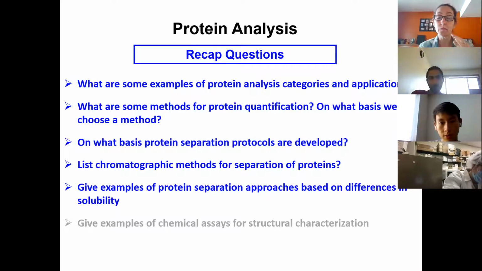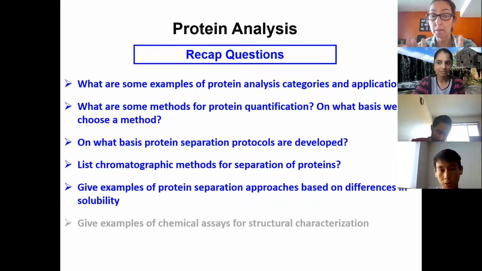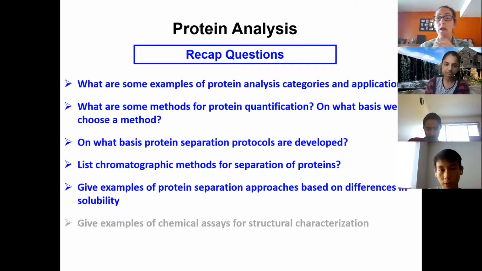So on what basis are protein separation protocols developed? So what characteristics of the protein do we rely on to separate it, basically? Based on their biochemical characteristics, for example, solubility, size, charge. Absolutely. So solubility in different solvents.